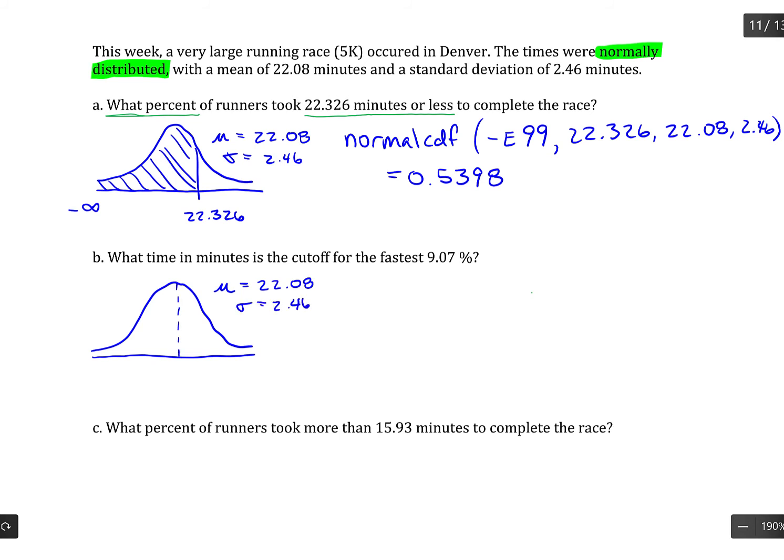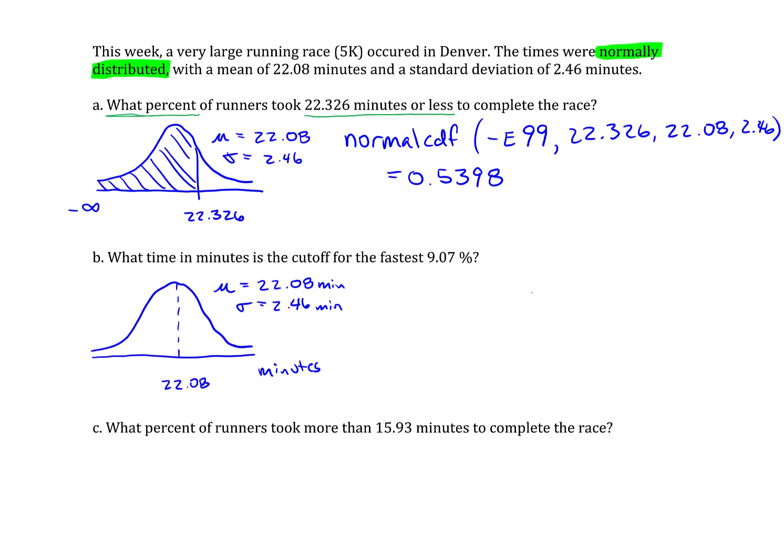That mean is right in the center, and it's measured in minutes, which means this entire axis is measured in minutes. So a value that we're looking for is a time in minutes, so it's some value along this axis, and it's the cutoff for the fastest 9.07%.